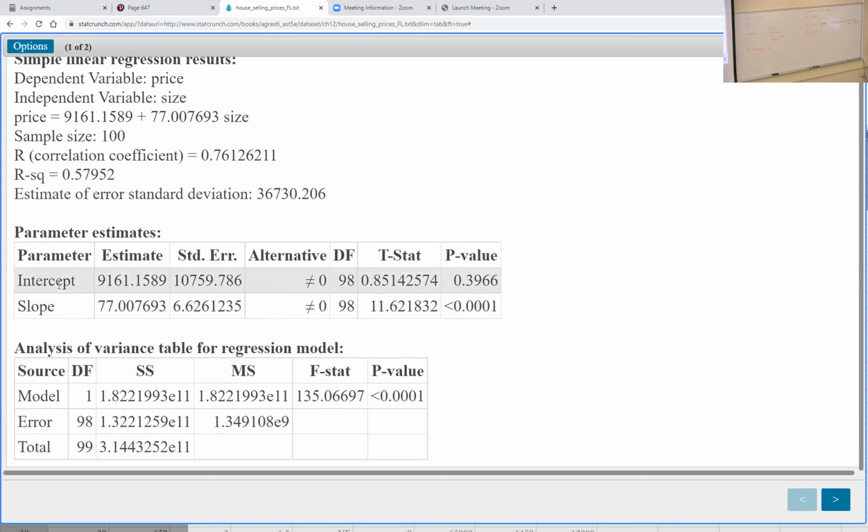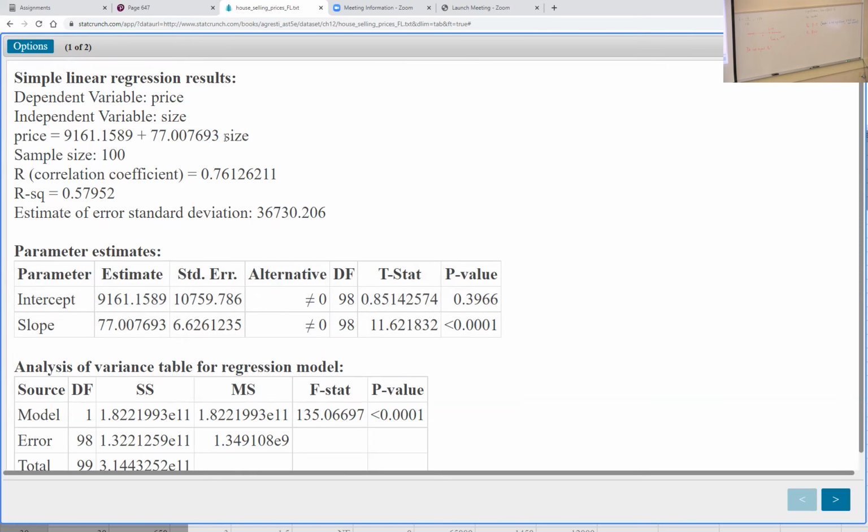Over here, we have the parameter estimates, intercept and slope. That's the standard error right here. And there is the t-score, they call it t-stat. The degrees of freedom is 98. The p-value, there is one for the intercept, there is one for the slope.